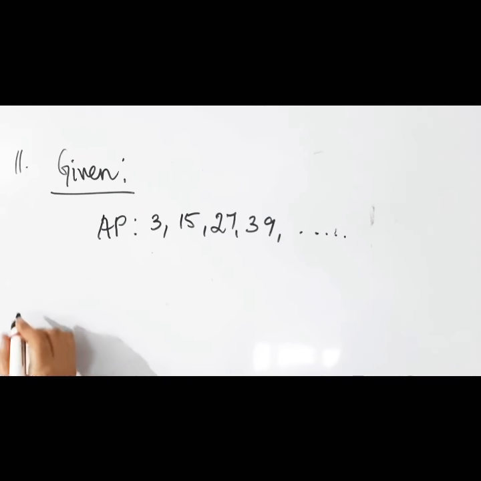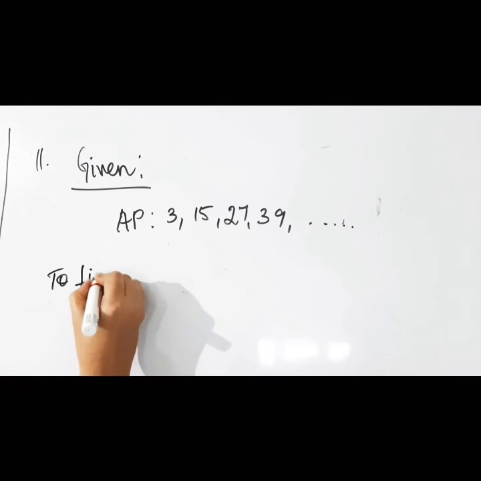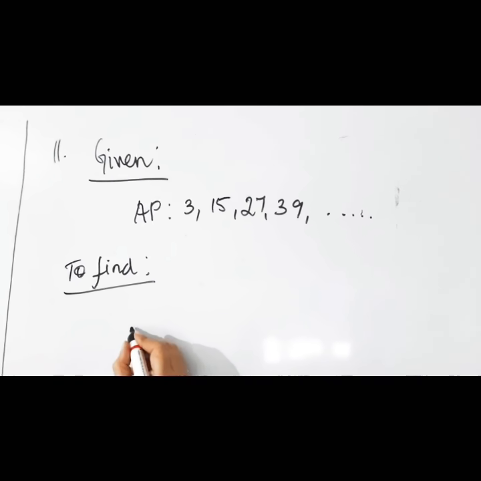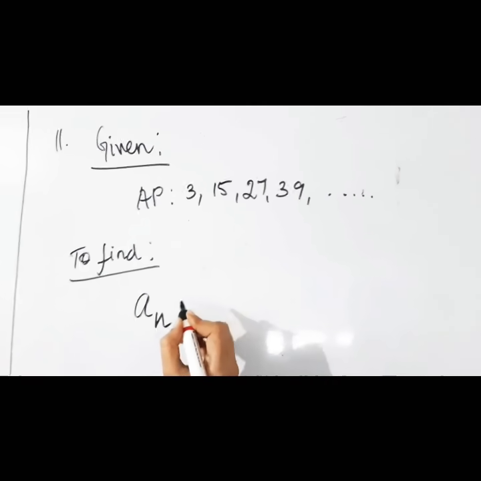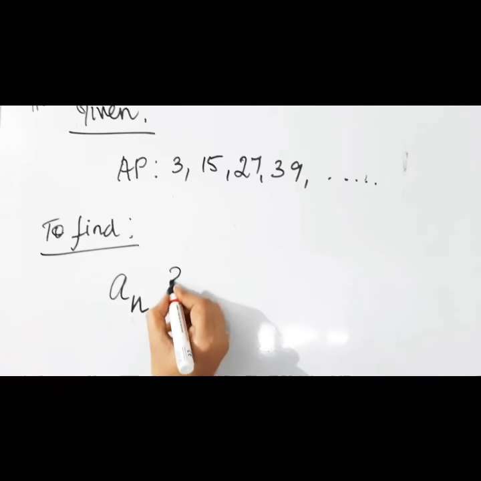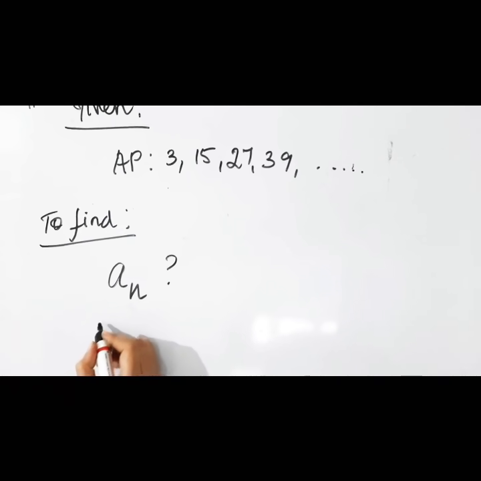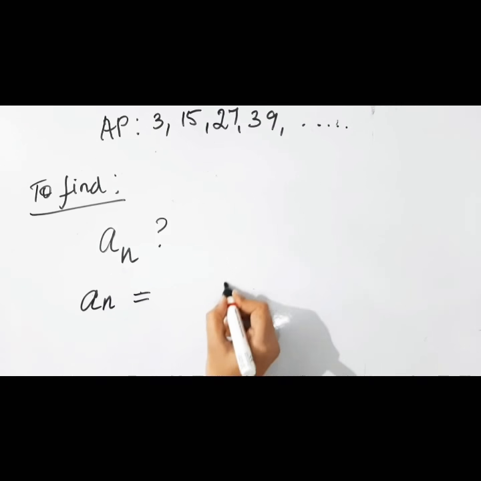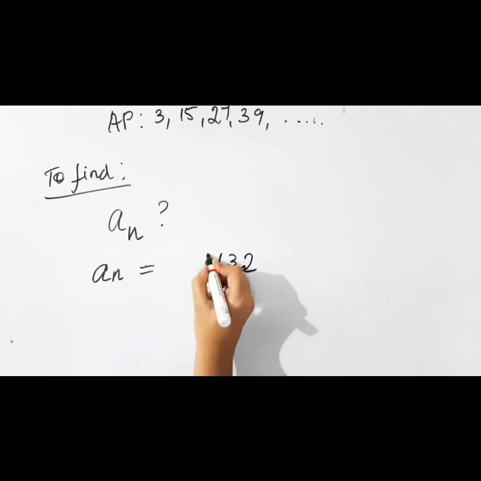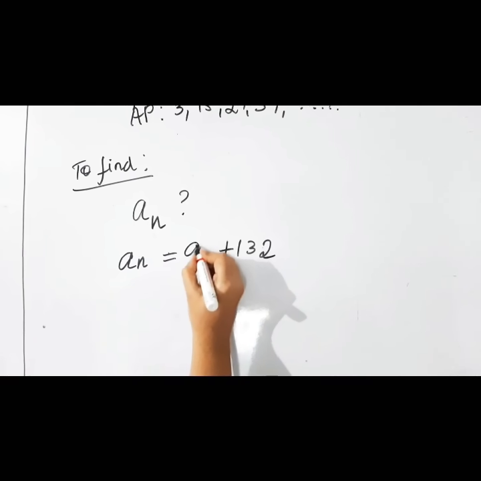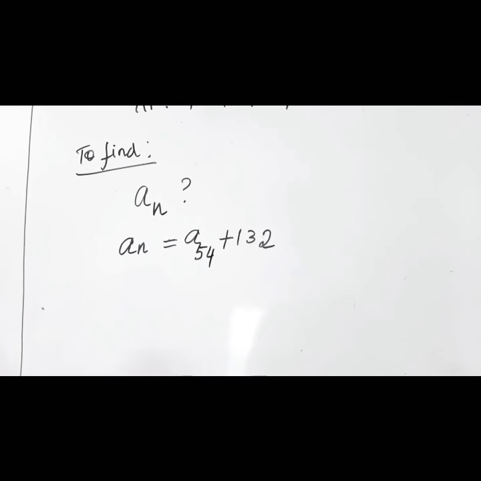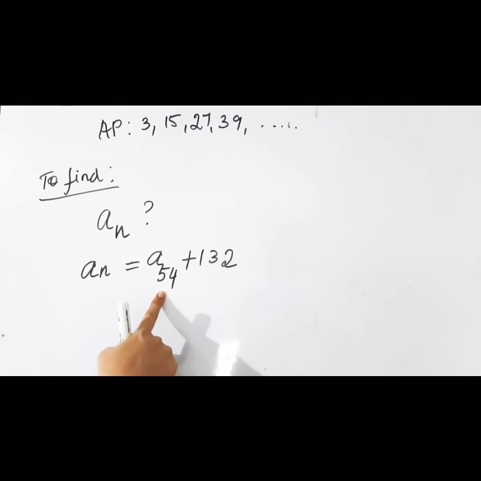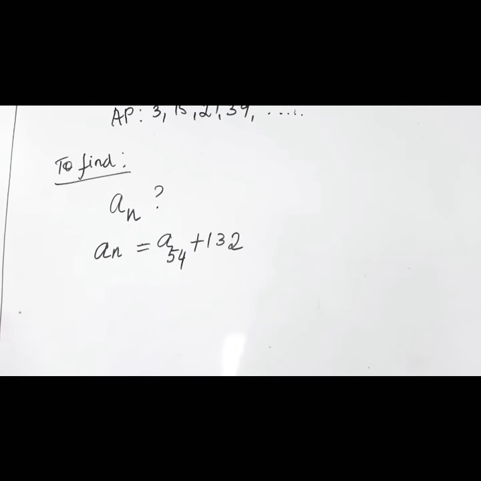And you need to find out a term. You do not know which term that is. So let us consider that AN. You need to find out AN. But there is a condition for that AN. That AN will be 132 more than the 54th term, that is A54.